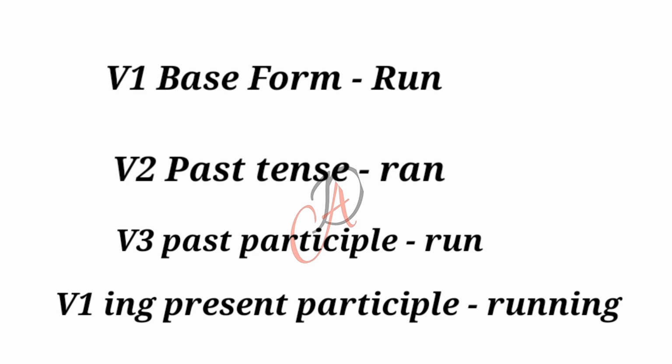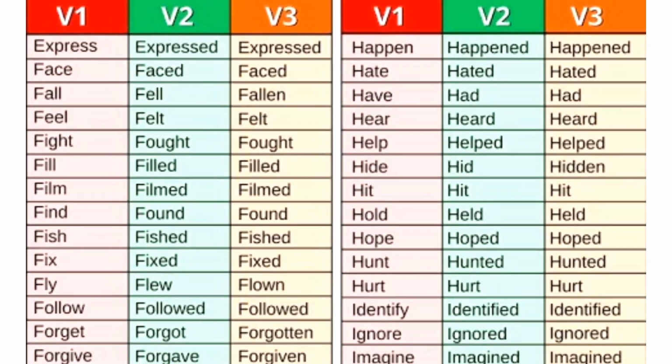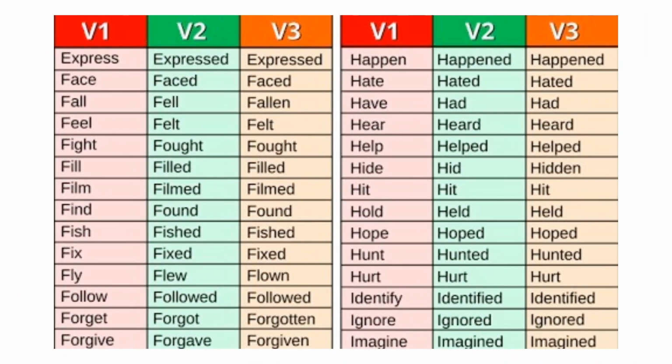So, guys, these are the different verb forms, and these verb forms really help us understand and use the tense in a much better way. So, guys, here is a chart of the verb form list. Please do pause the video and go through them in detail for a better understanding of tenses and their usage.